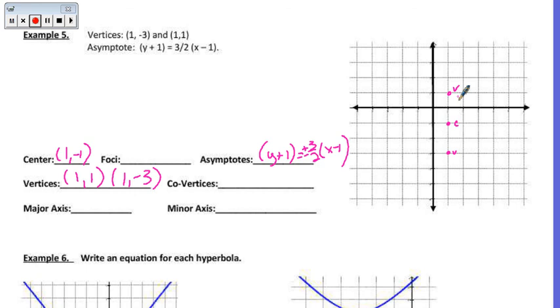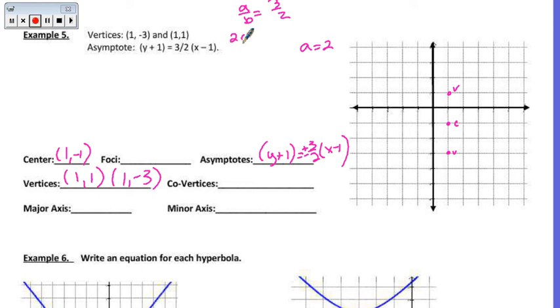So from this, I can gather that my a value is equal to 2. I can also gather that I don't know my b value at this point. I do know, let's see, a over b is equal to this slope here. So let's go ahead and get the b value.